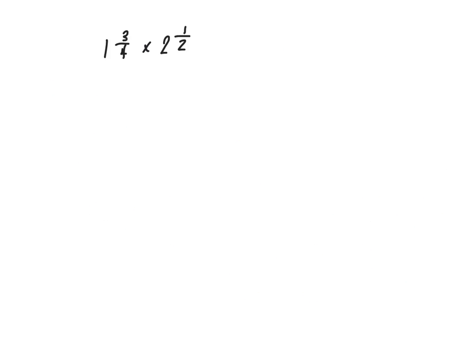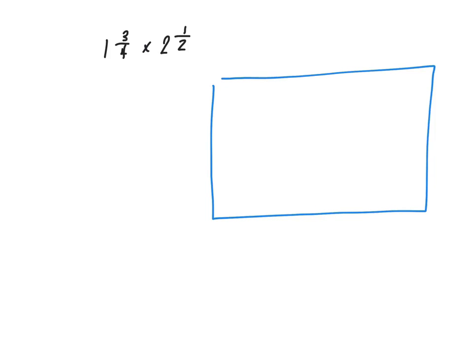All right, here's another problem for us. 1 3/4 times 2 1/2. So with an area model, I'm going to break this up into 1 plus 3/4. This is so many more steps.